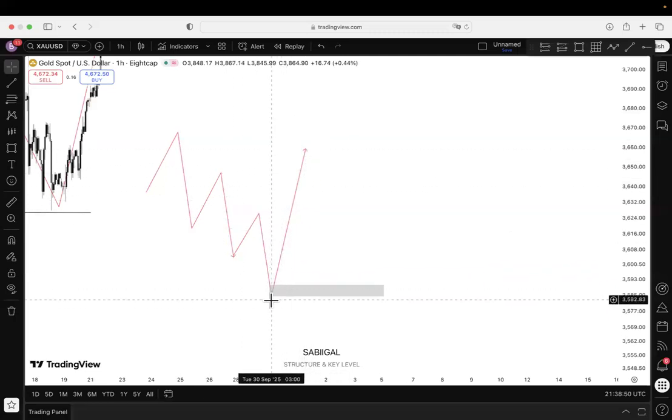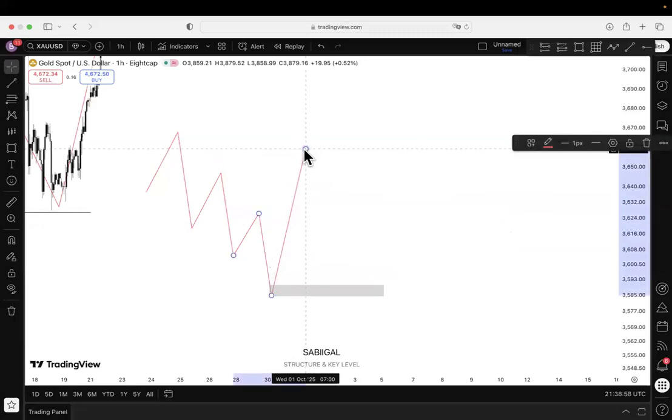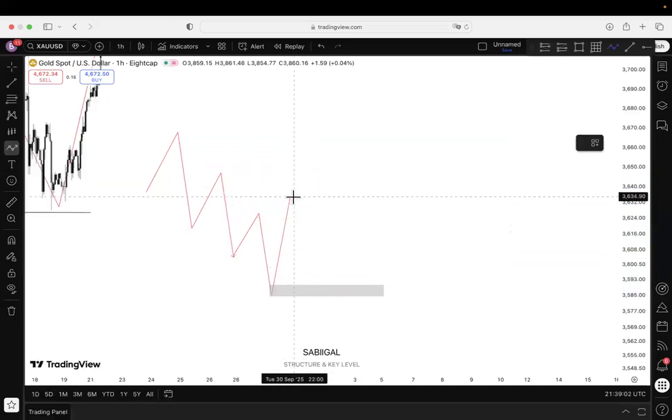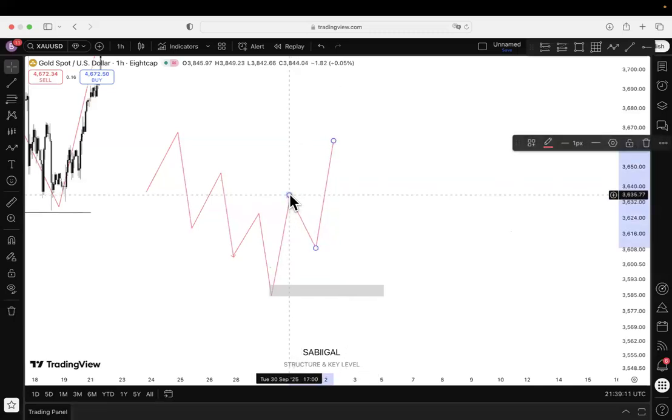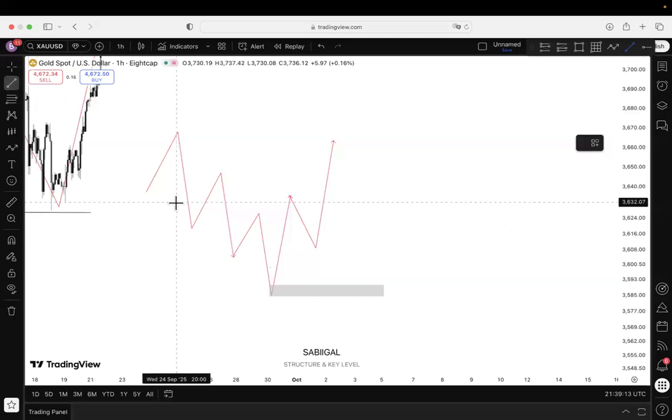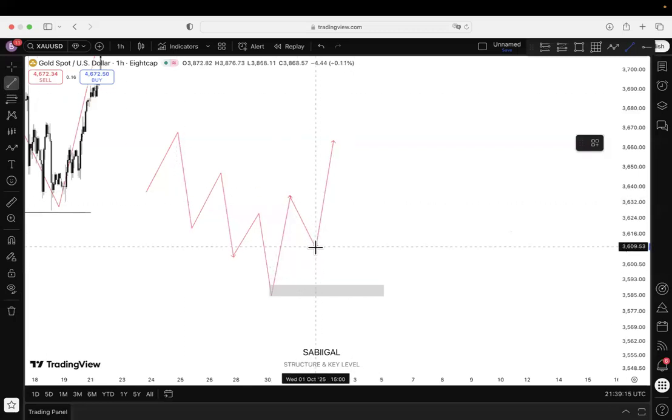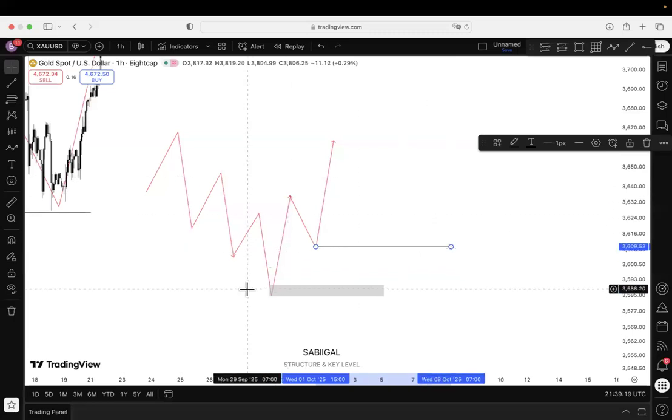After it broke the first one, if it retraces back and then breaks the second one, do you call the retracement a lower high, or do you just mark it straight? If it fits the quality of a proper break of structure, then this is the first strongly or this is the second strongly.